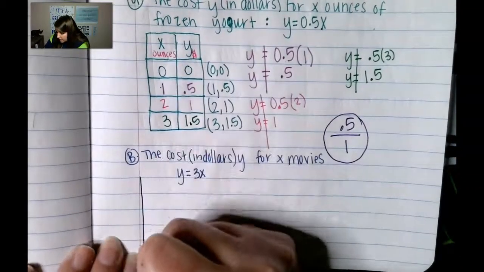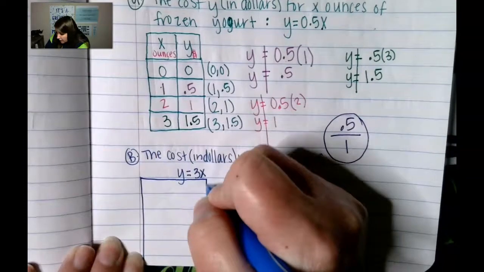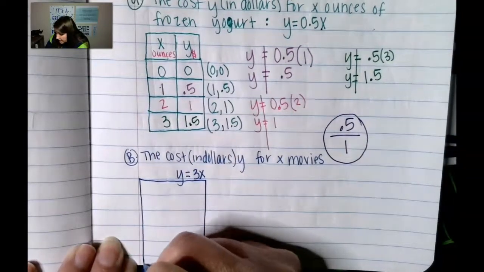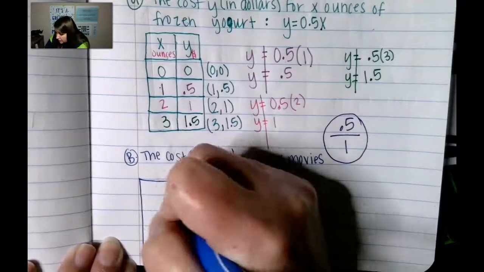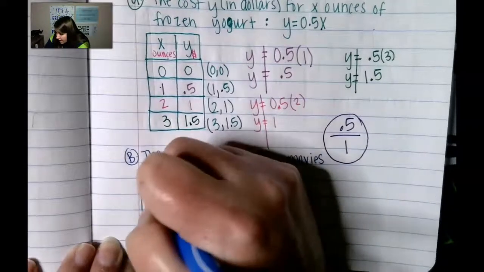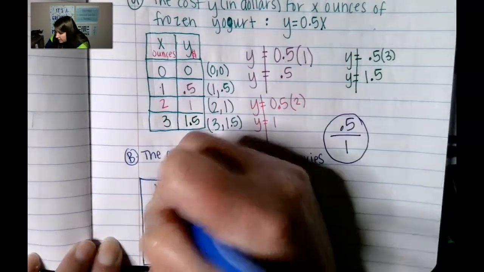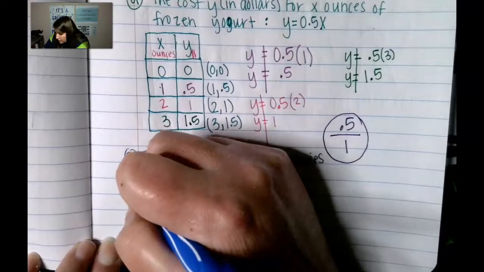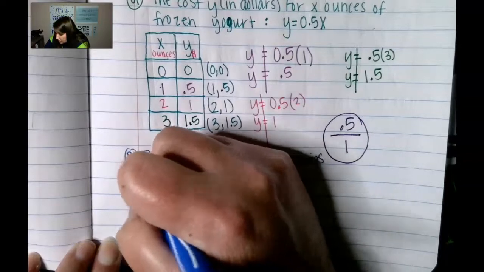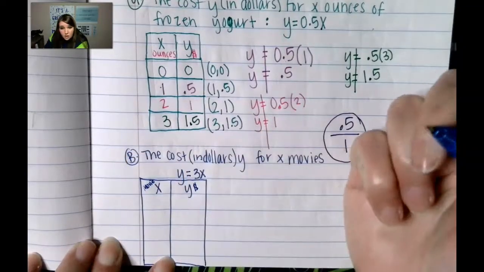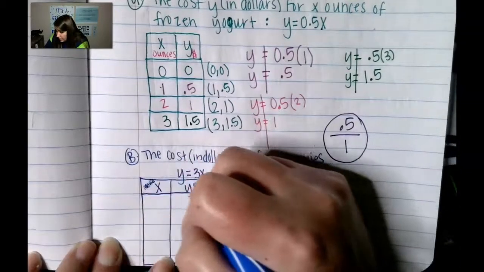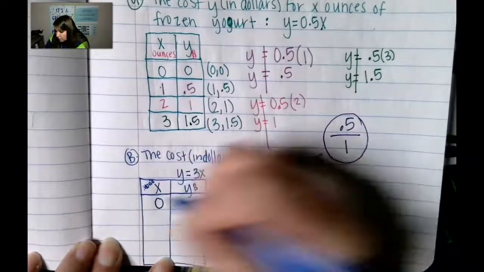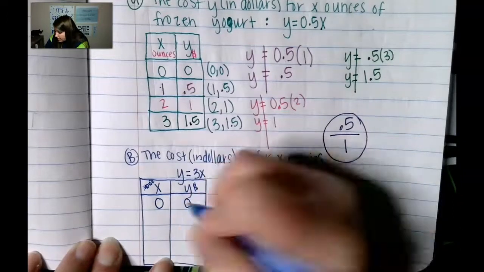So the first thing that we're going to do is create a table with X and Y values. So X is the number of movies, and Y is how much it costs. Okay, so if I rent 0 movies, I pay $0.